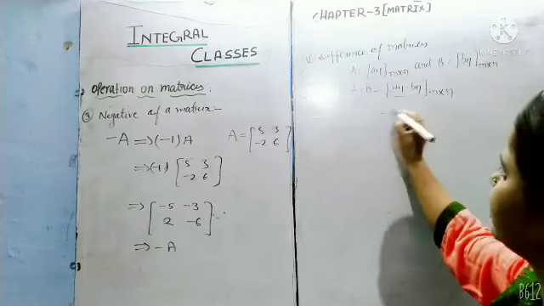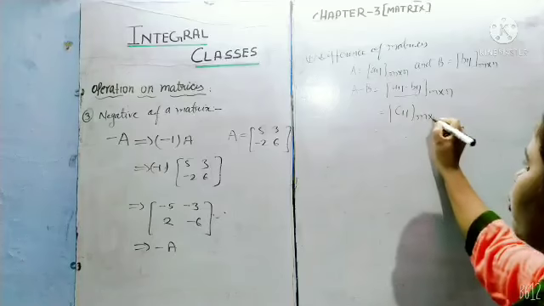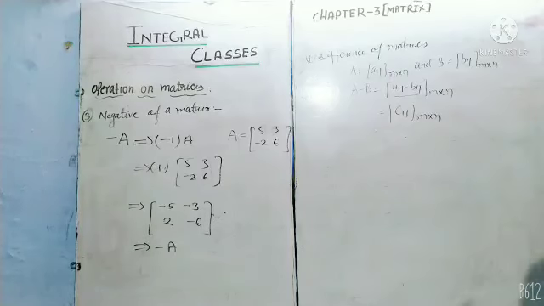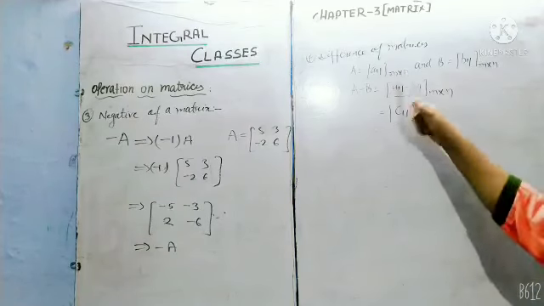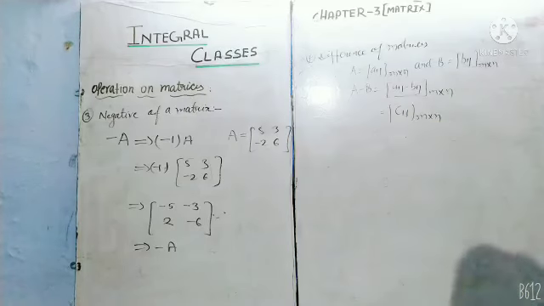Suppose it is C, Cij, of order m cross n. It is similar to addition of matrices, because we only use subtraction and corresponding elements are subtracted.